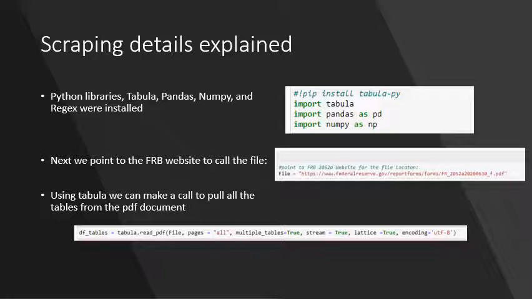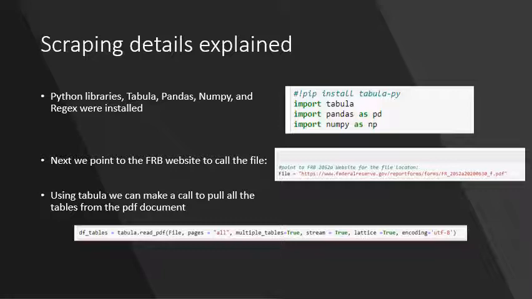Then using Tabula, I pulled down all the tables from the document. So we can see that I wanted to grab all the tables. I'm saying that there are multiple pages, and encoding is UTF-8.